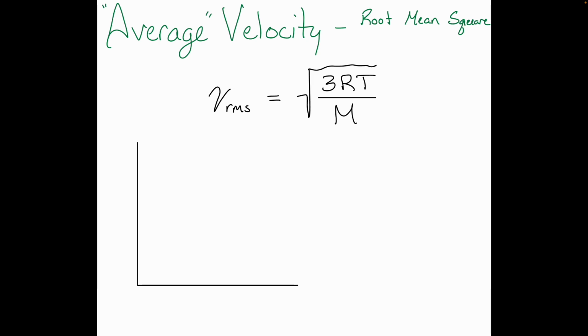So if we looked at, for example, velocity and number of particles, what we're going to see is our root mean square velocity for something teeny tiny like helium is going to be much larger than our root mean square velocity for something really large like xenon.